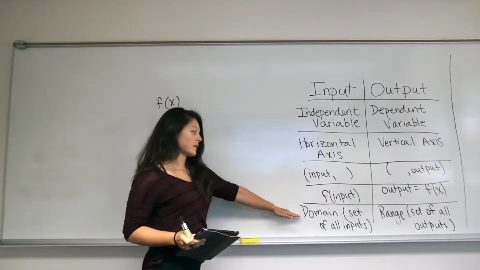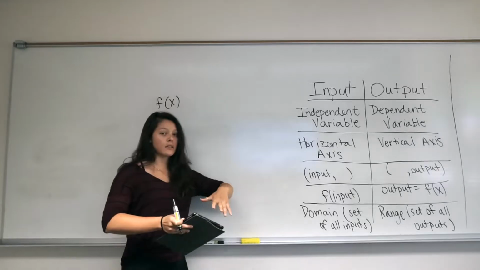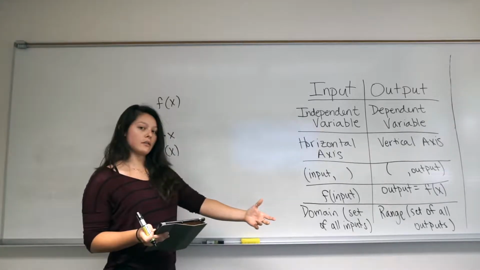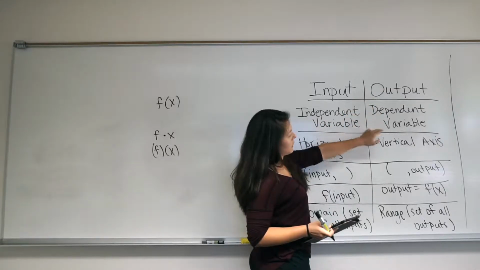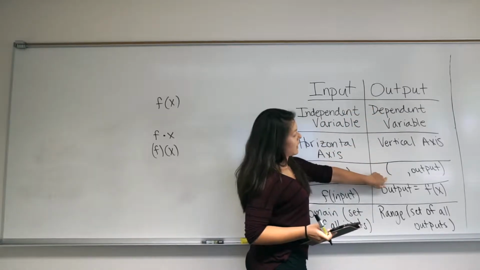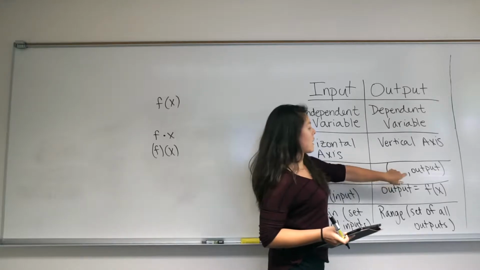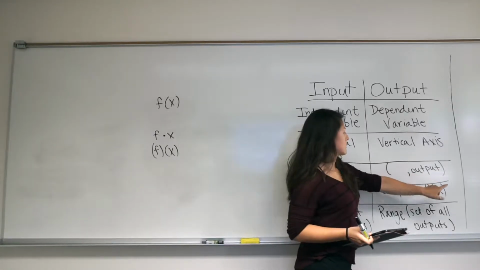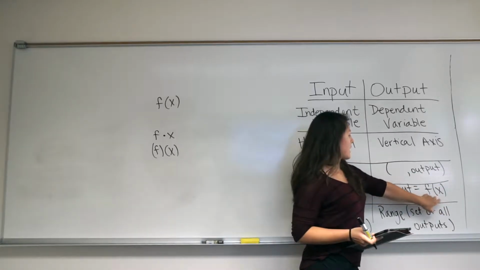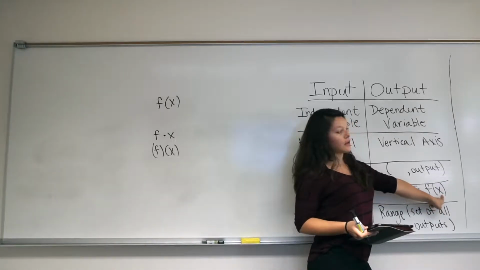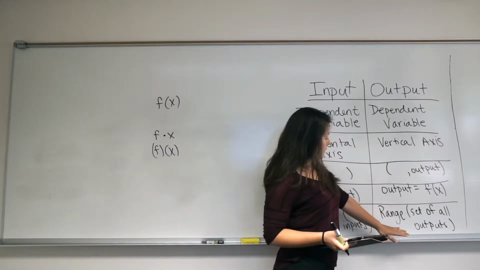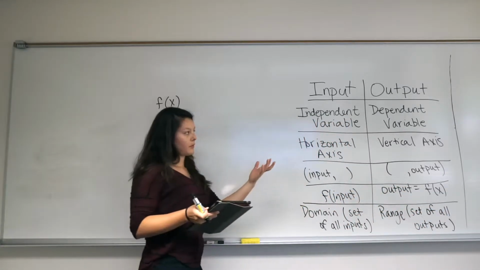And then, of course, if you talk about the domain of a function, we're talking about the entire set of input values. Okay, and then your output, dependent variable, vertical axis. If you have a coordinate pair, your output is your second coordinate. And if you have f(x), it represents the output value at whatever input x is. And then your range is your set of all output values.